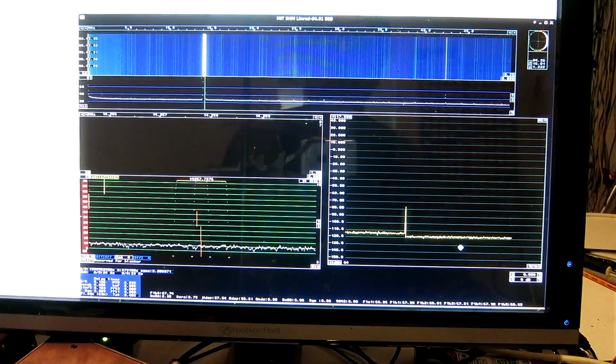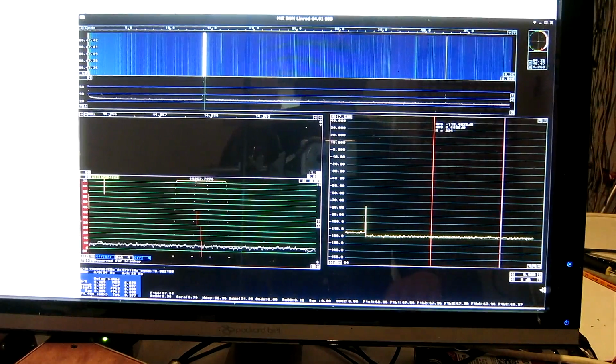And the noise is a little bit lower. That's not very surprising. It's 118.4, means we have 148.4 dBc per hertz at 100 kilohertz.